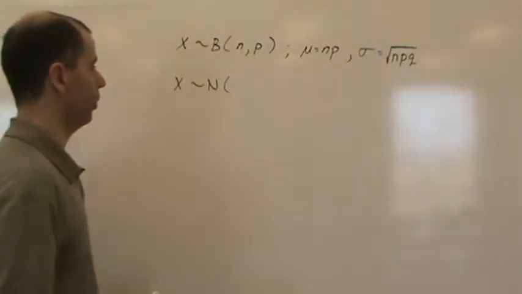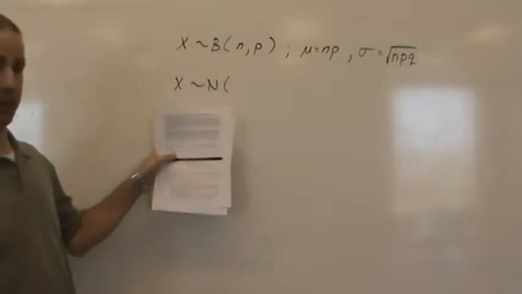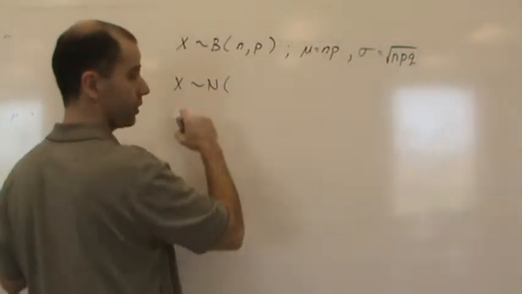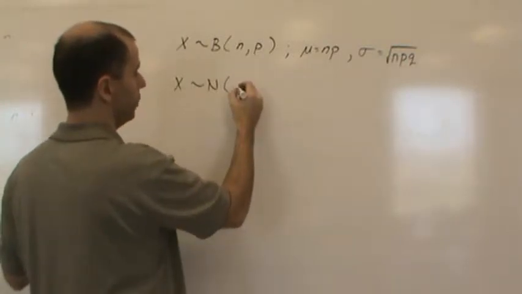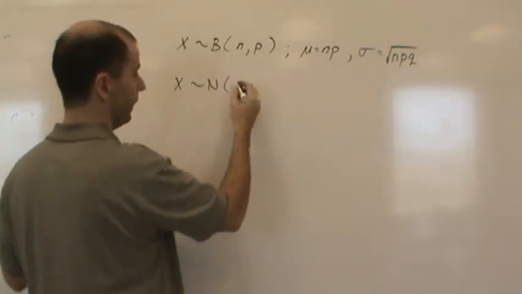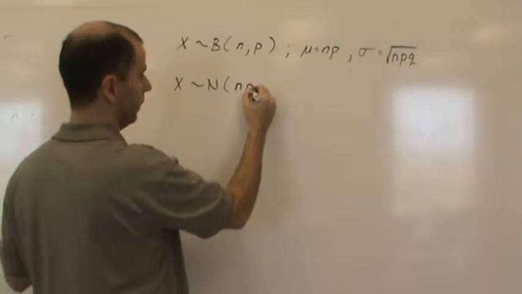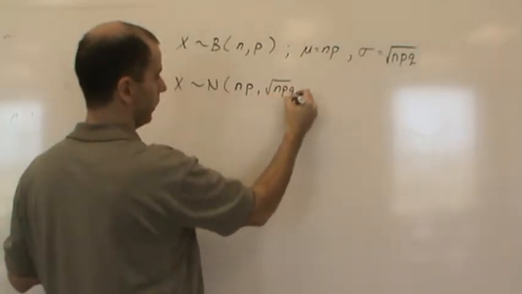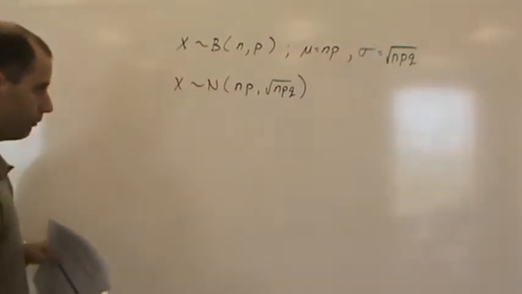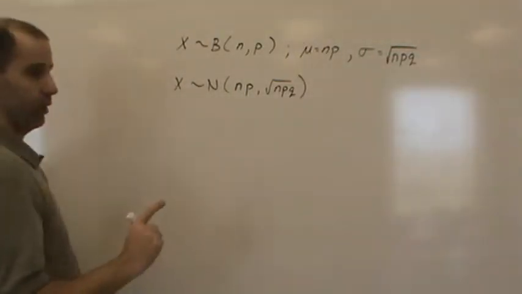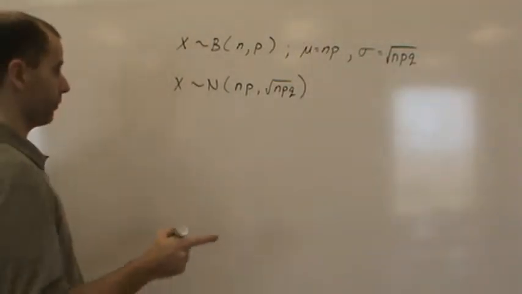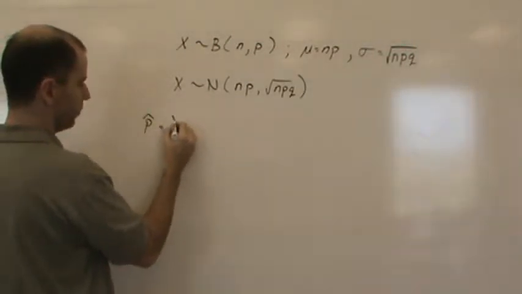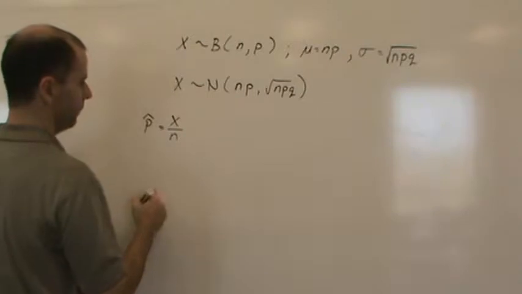Okay, and so we found in chapter 6 that this x can be approximately normal as long as we have a large enough sample size, and we could use for the mean np and for the standard deviation the square root of npq. And then we also talked about, if we look at the proportion, we know that p hat is just equal to x divided by n.